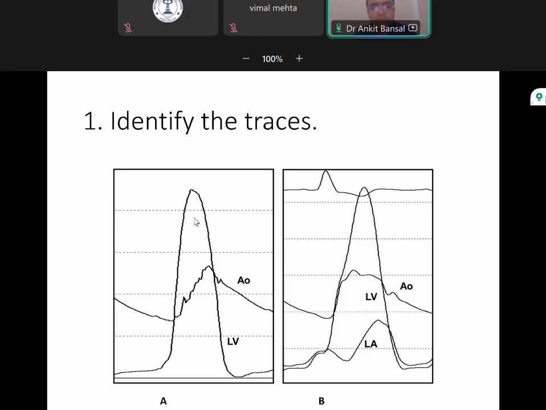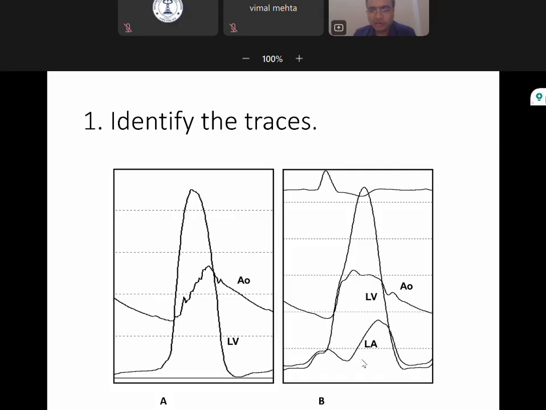This gradient can be because of hypertrophic obstructive cardiomyopathy or because of valvular aortic stenosis. So a slow rising, late peaking pulse is suggestive of valvular aortic stenosis. And here this is the spike and dome pattern, which is suggestive of hypertrophic obstructive cardiomyopathy.